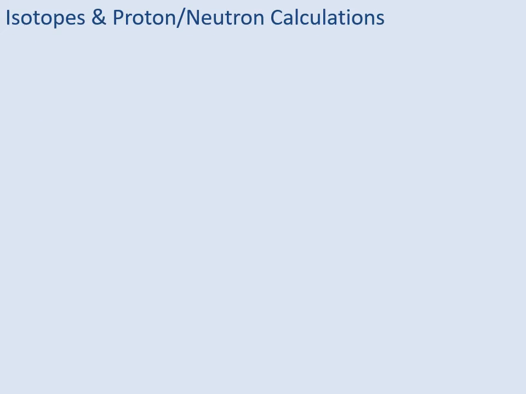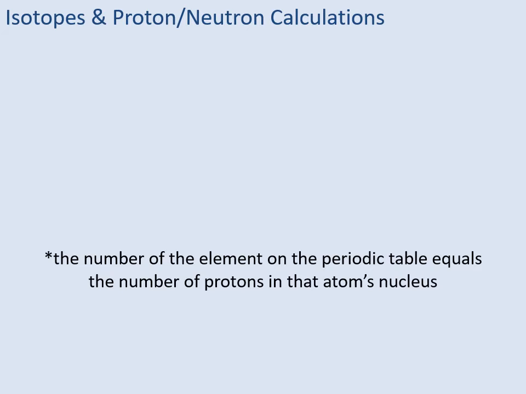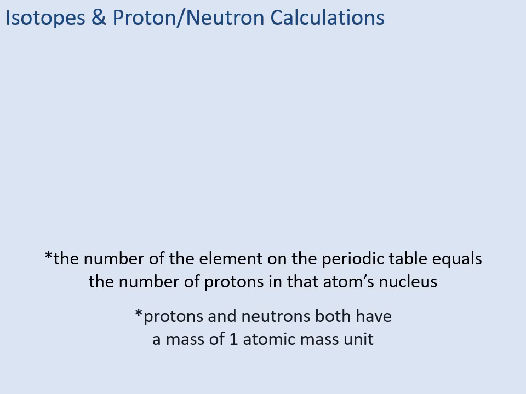Before we begin, it's important to review from grade 9 science that the number of the element on the periodic table equals the number of protons in that atom's nucleus, and that protons and neutrons both have a mass of 1 atomic mass unit.